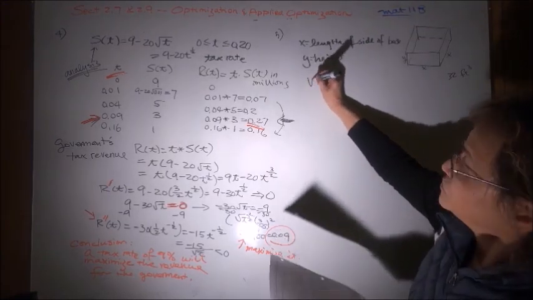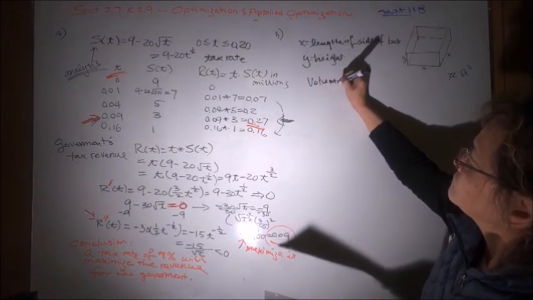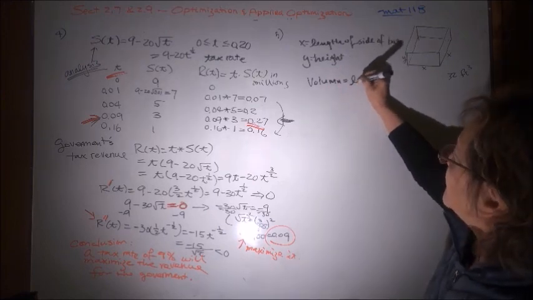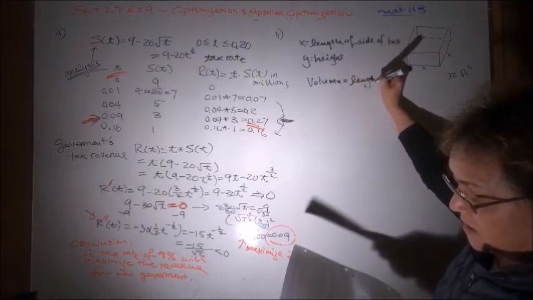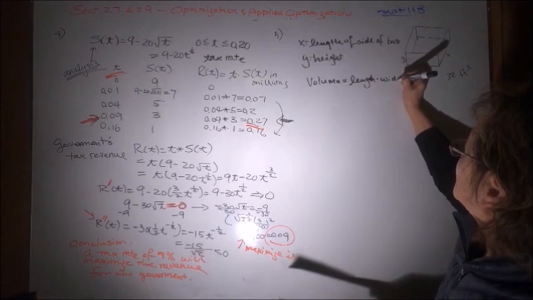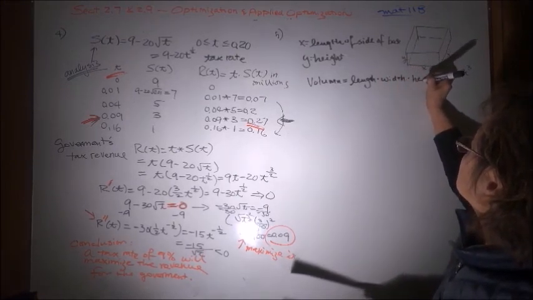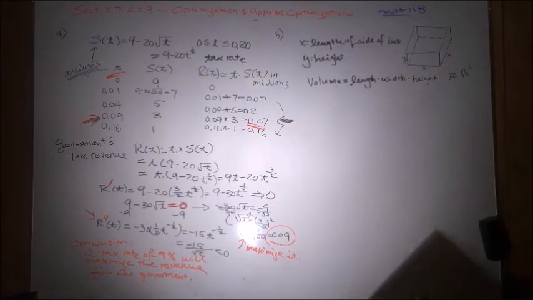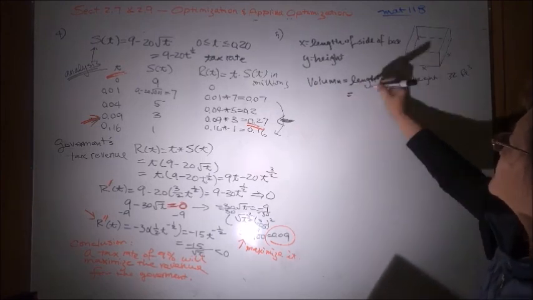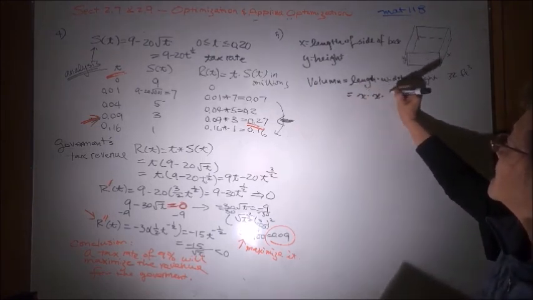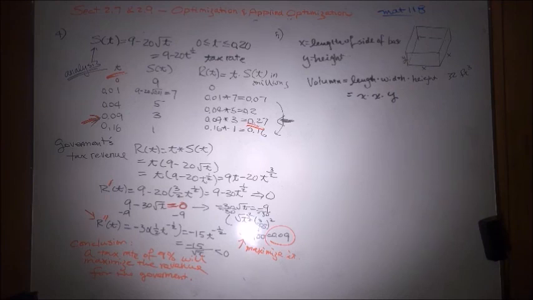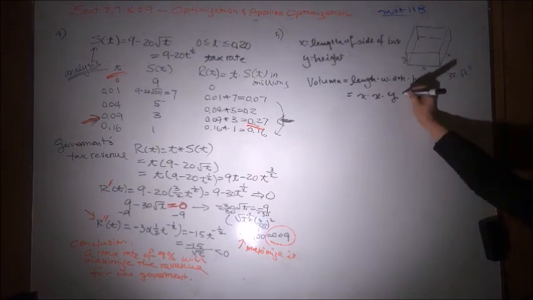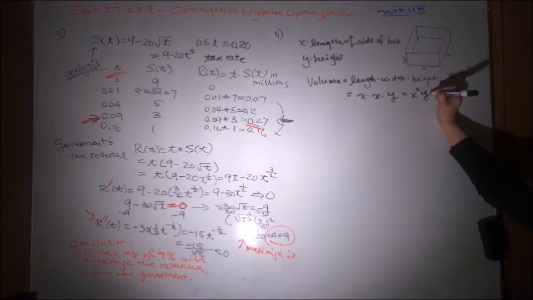So volume would be what? Your length times your width times the height, right? So the length is x, width is x, height is y. So total is x squared y.